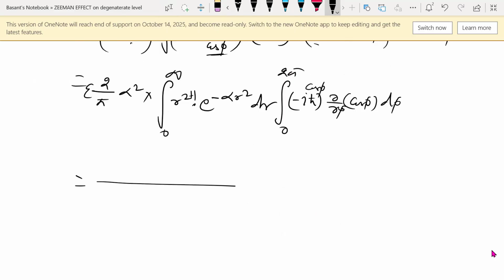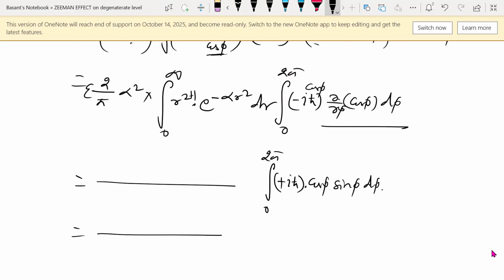First of all, 0 to 2 pi, minus i h bar, cos phi, and differentiation gives minus sin phi, so it becomes minus sin phi d phi. If this integration doesn't vanish, then we will calculate it, otherwise it is not required.